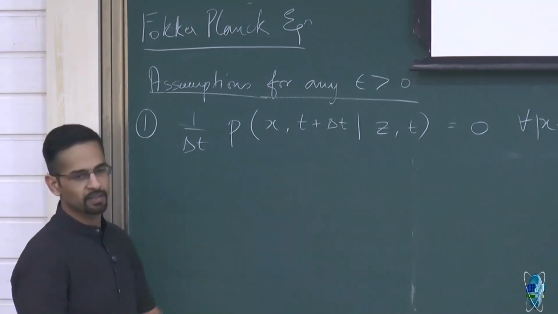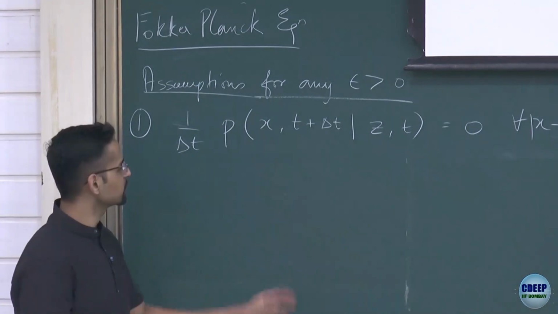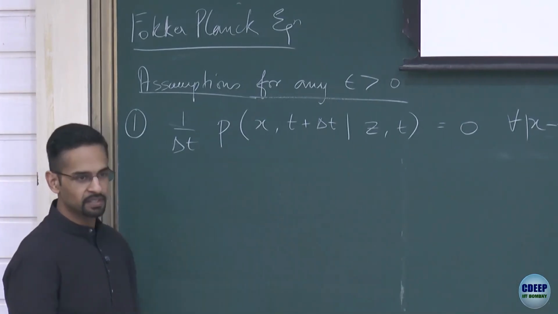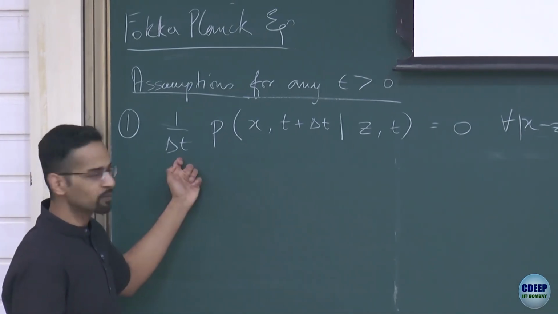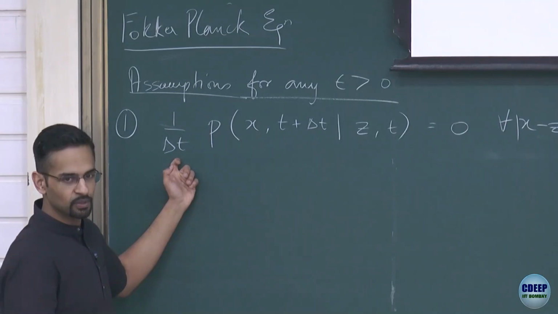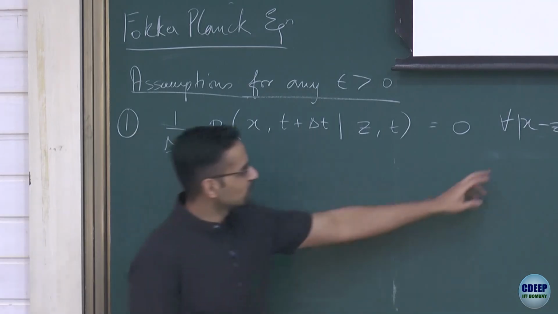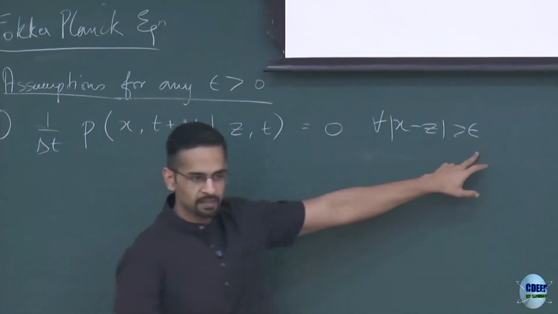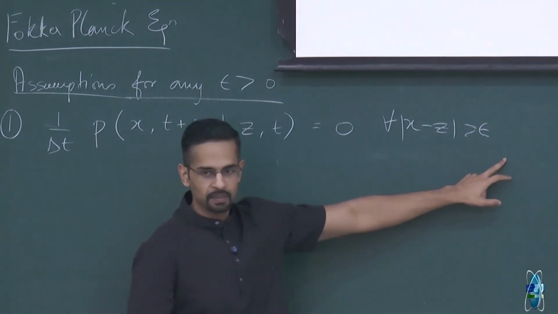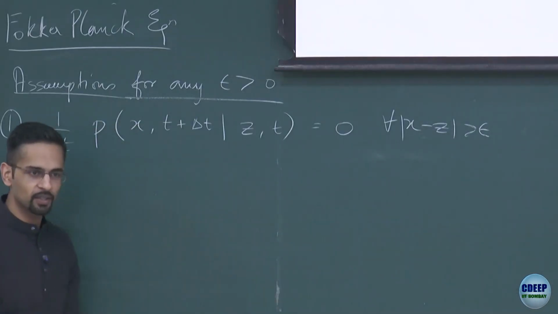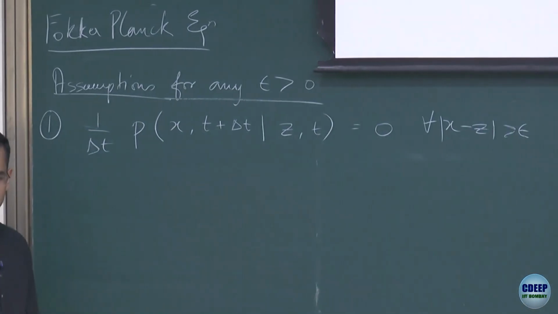So here we are assuming something which will guarantee that, which is that the PDF itself shrinks. This PDF should shrink faster than delta t, so that the rate of these jumps is 0. This is for all big steps greater than epsilon. So this will guarantee that the process is continuous, that I'm not going to have these big jumps.